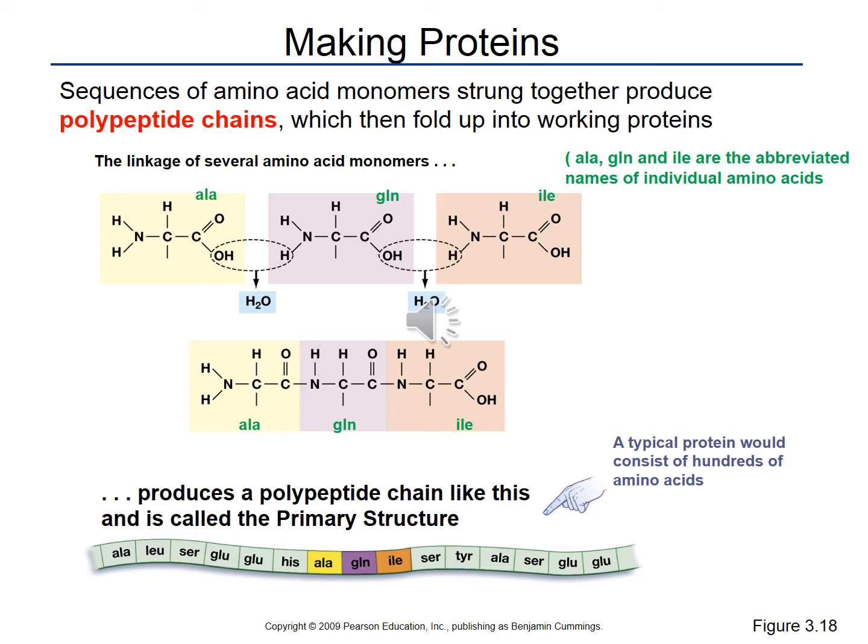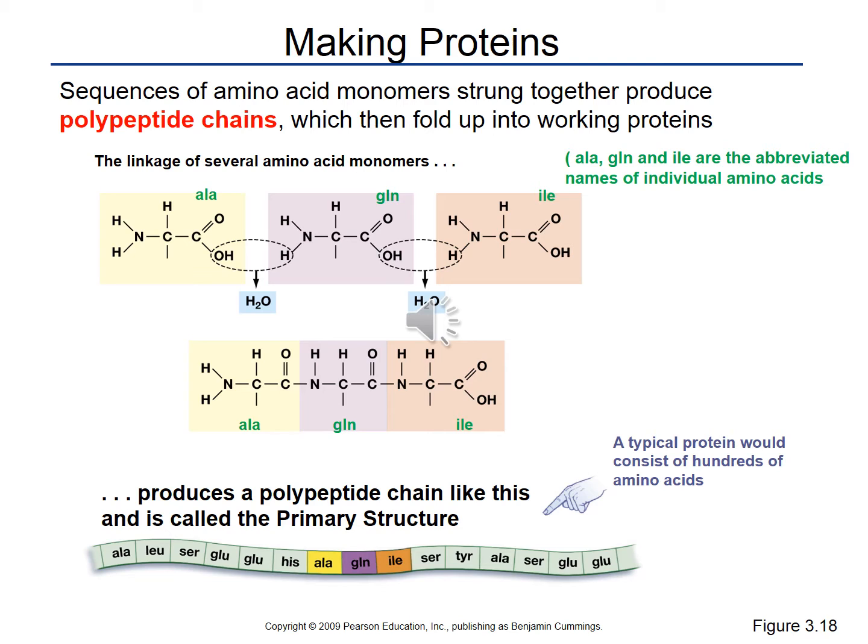That forms a polypeptide. Now if you notice the letters that are associated with those three amino acids, they have little individual names that we go by. We shorten those names. These three, the one on the left is called alanine. We call it ALA. The one in the middle is glycine, GLN.